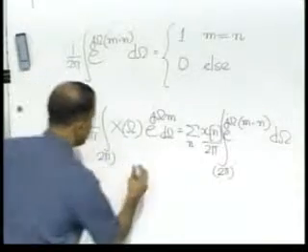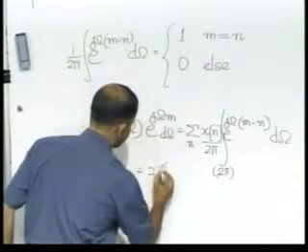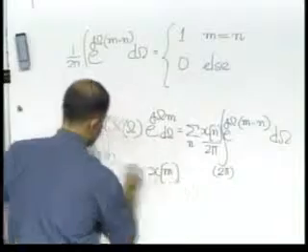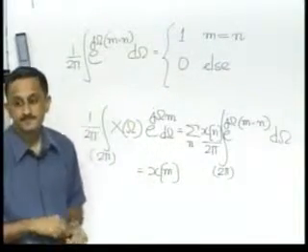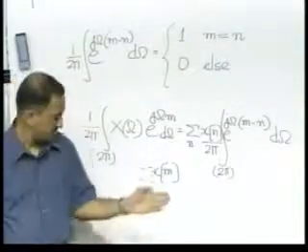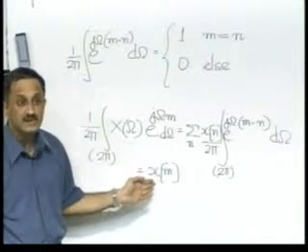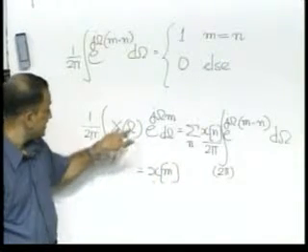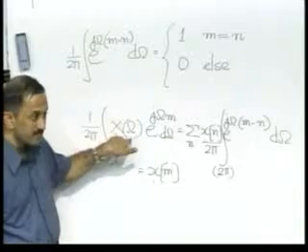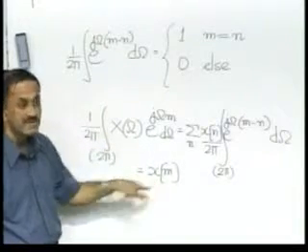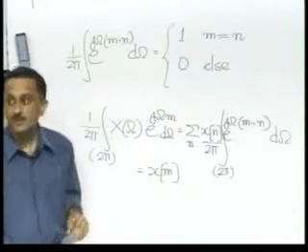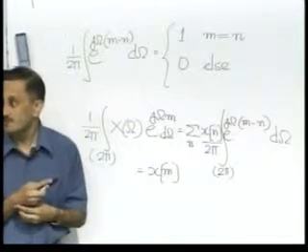So this gives you simply x of m. So in fact, this is the expression for the inverse discrete time Fourier transform. We had the discrete time Fourier transform here, and this gives us the inverse because we can get back the points of the sequence from capital X of omega by this expression.